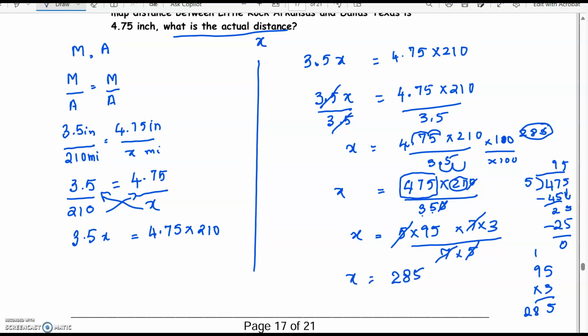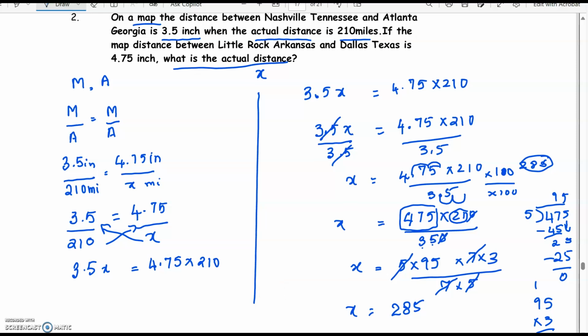Now let's think about what exactly this x means. If you look at this equation, you'll recall what we were trying to do. If the map distance is 3.5 inches, we were given that the actual distance is 210 miles.